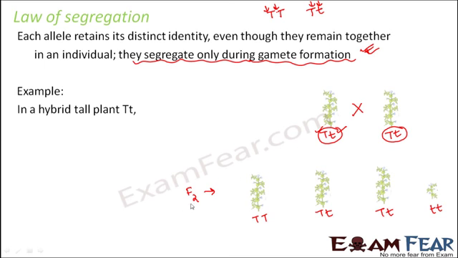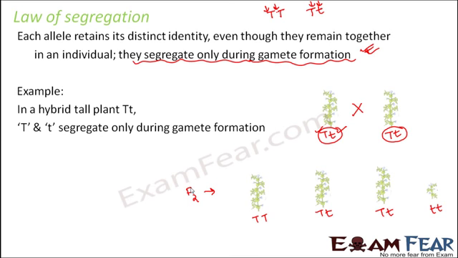In order to generate the F2 generation, gamete formation has to take place, and during gamete formation, capital T and small t segregate. But again, after fusion, they group with the other pair. Basically, they retain their identity. If capital T is for tall, it will always represent tall only.